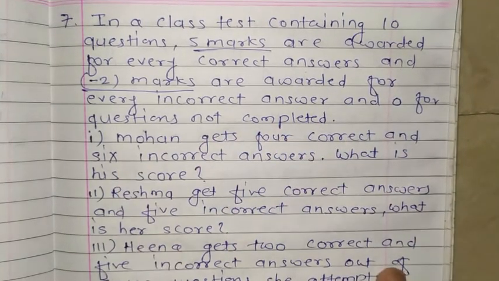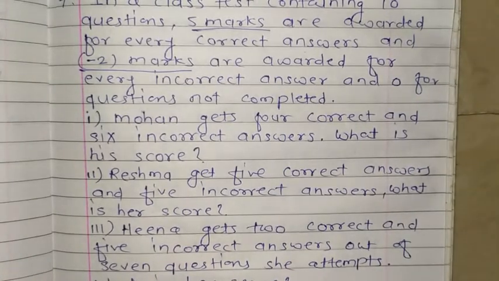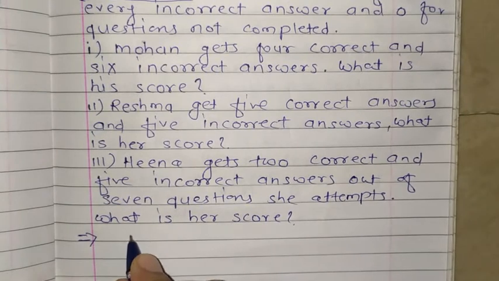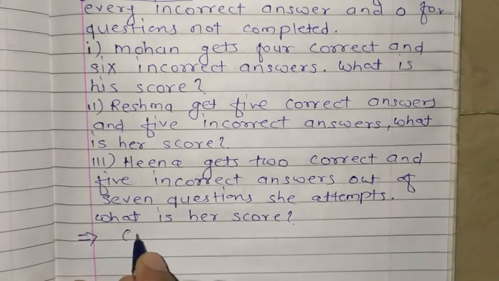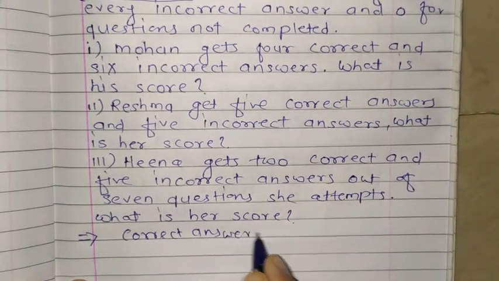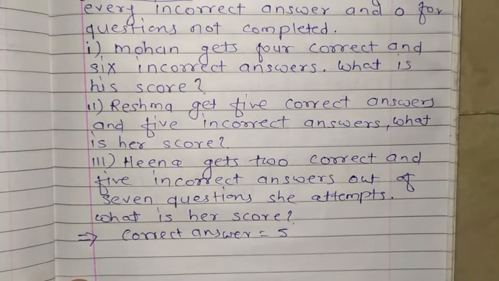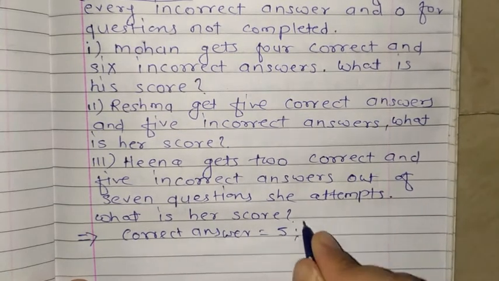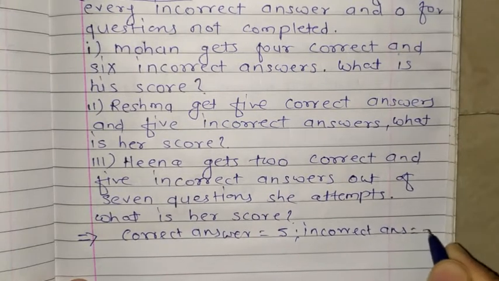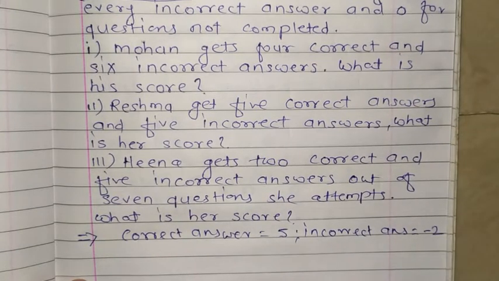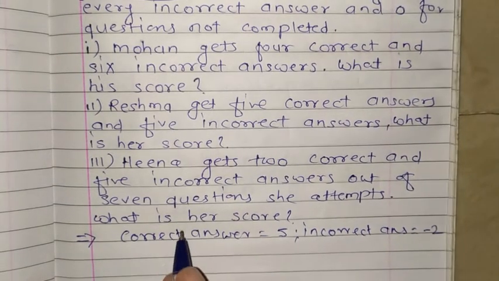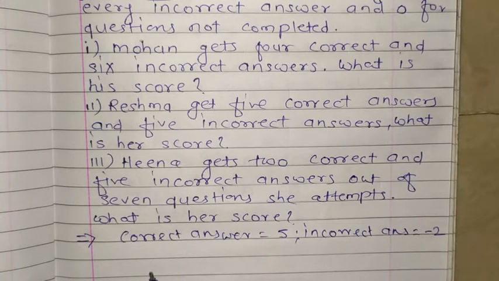So we noted down the given information. Correct answer equals 5 marks, and incorrect answer means minus 2 marks. On this basis we have to solve parts 1 and 2 given in this question.